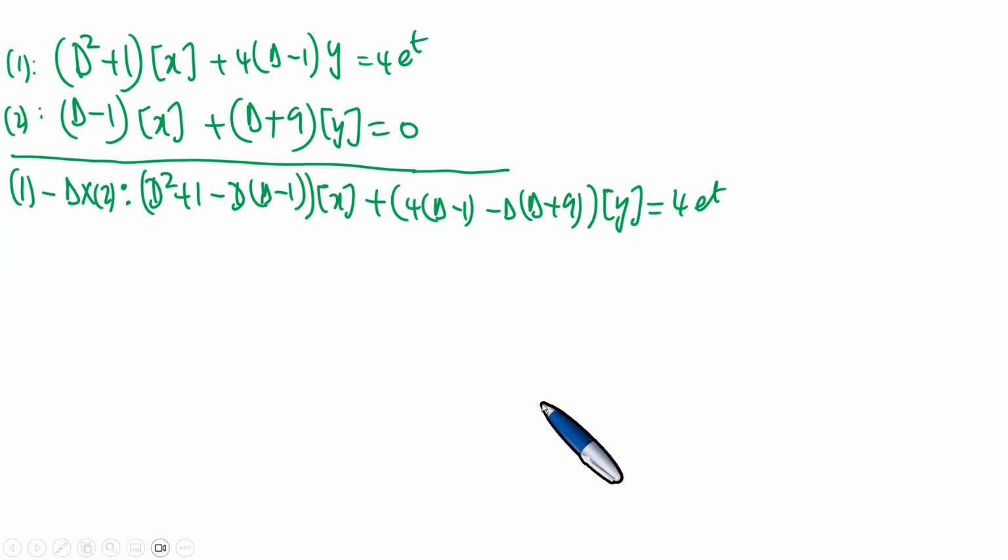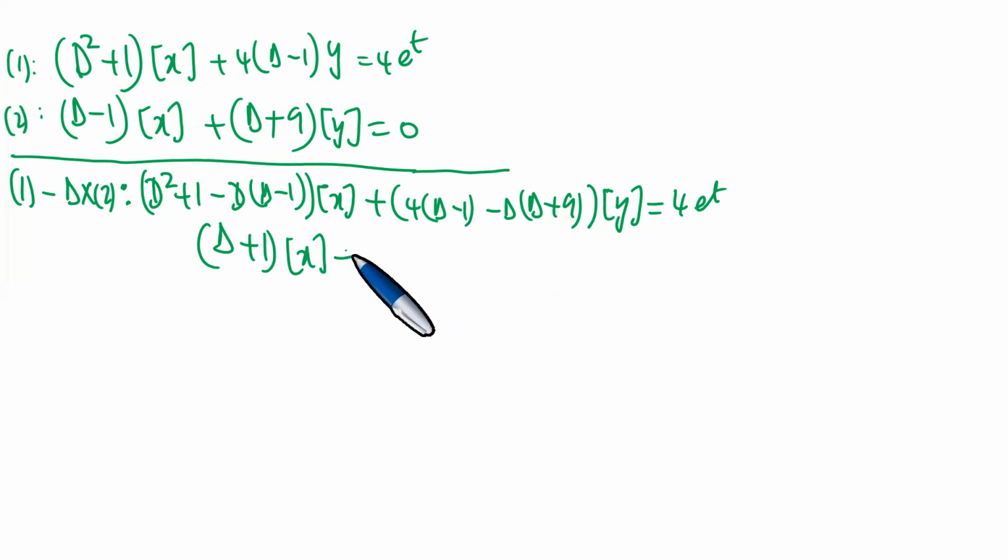Right, so if we multiply equation 2 by d so that we can remove the d squared, indeed d squared is able to go away because we have d squared minus d squared, which becomes 0. And now, what do we get? Then we have d squared minus d squared, which is 0, and then we have the d plus 1. So this becomes d plus 1 into x.